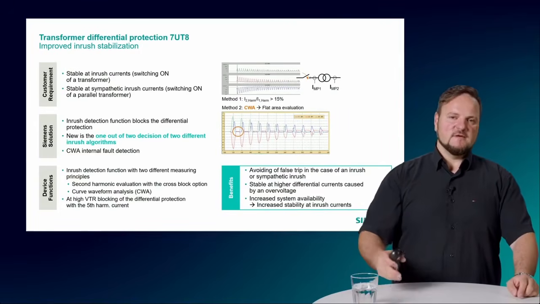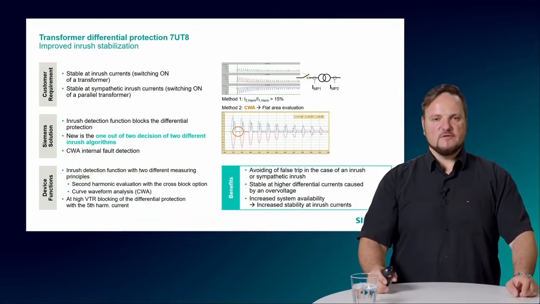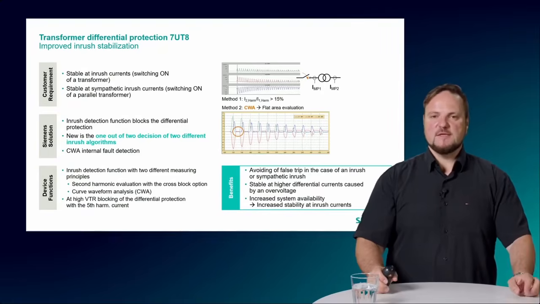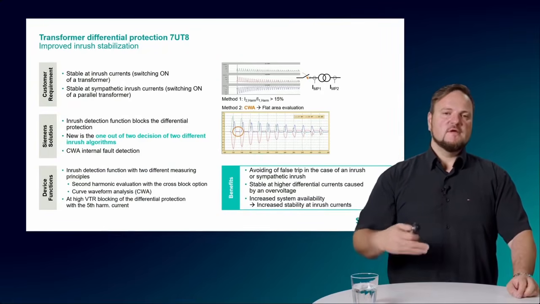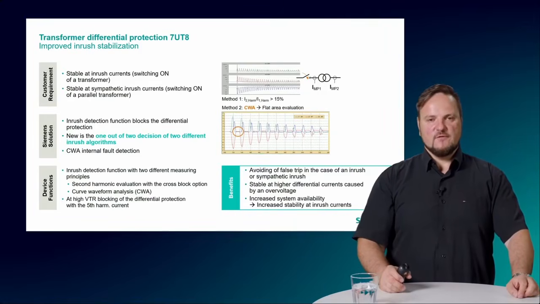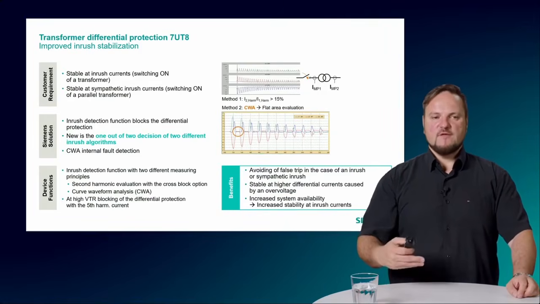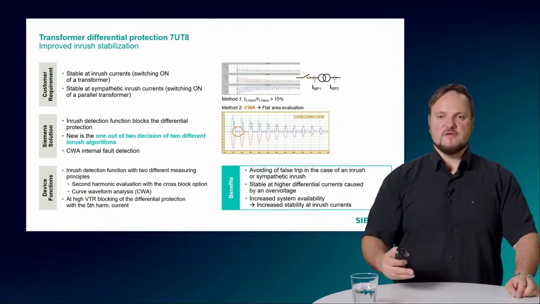And beside the CWA blocking for inrush, we also use the CWA functionality here to detect internal faults, because when you have internal faults, you can also have CT saturation, and CT saturation also produces second harmonic.